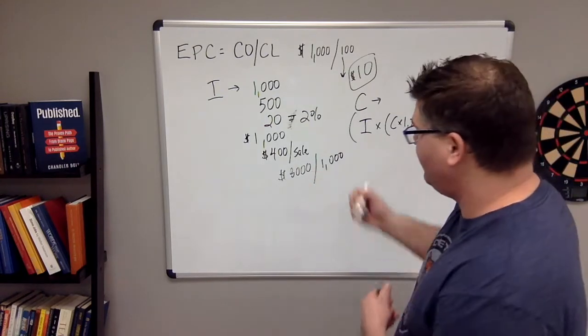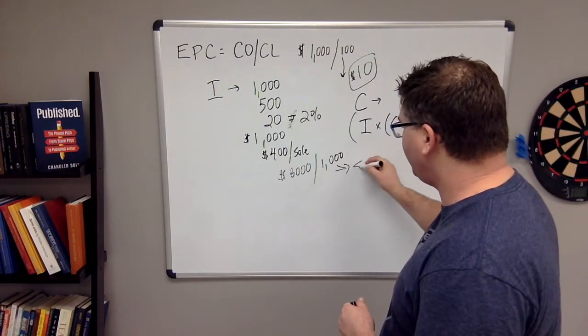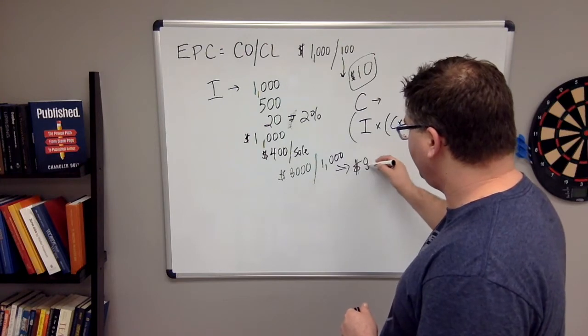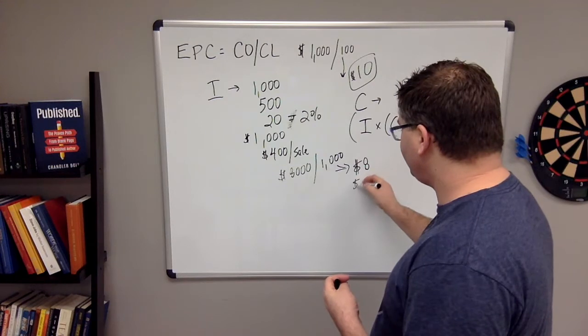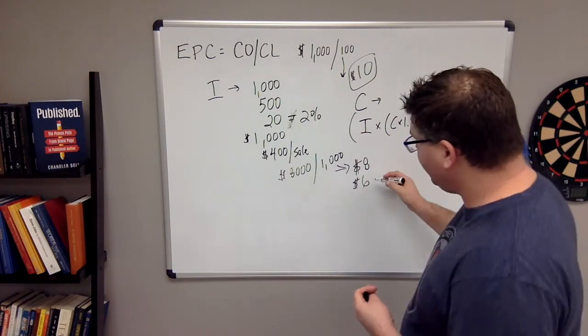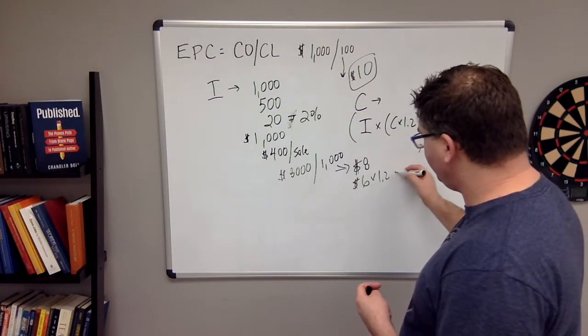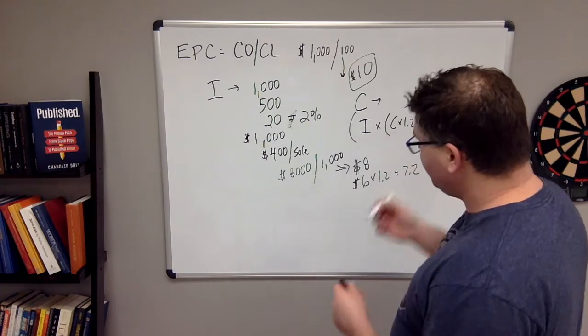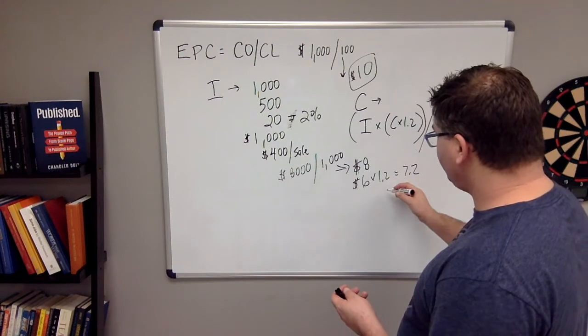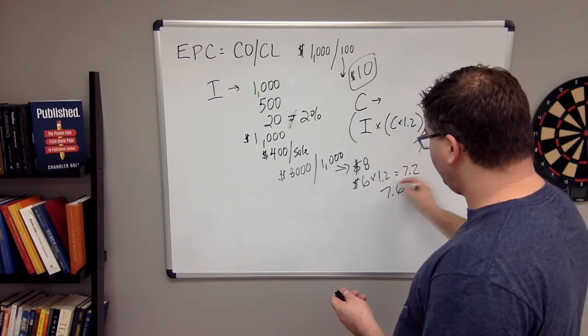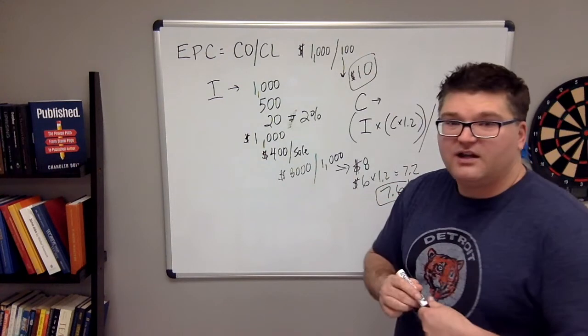So in this example, this spit out an $8 EPC. Let's just say that your cold traffic EPC was 6. I believe 6 times 1.2 is 7.2. So it'd be 15.2 divided by 2, which would equal, if I'm not mistaken, 7.6 is your EPC.